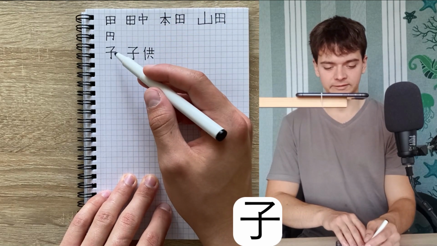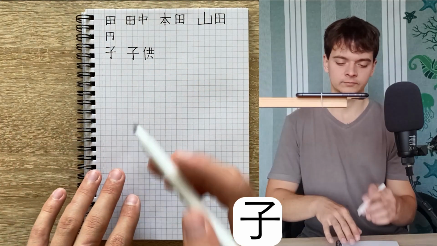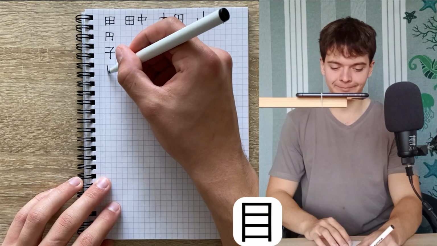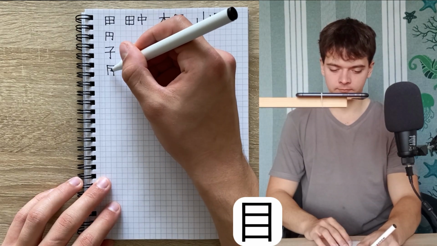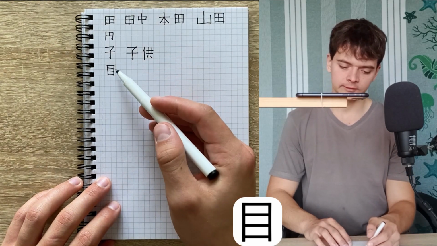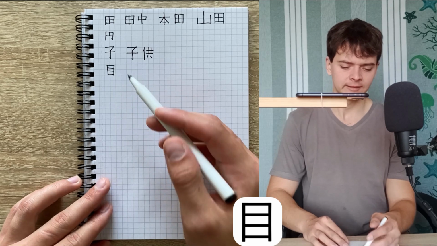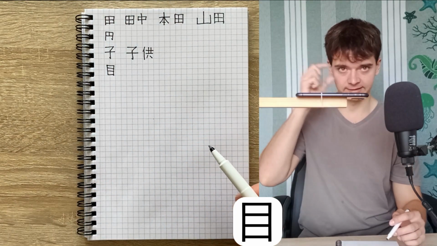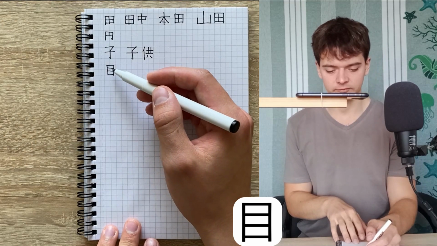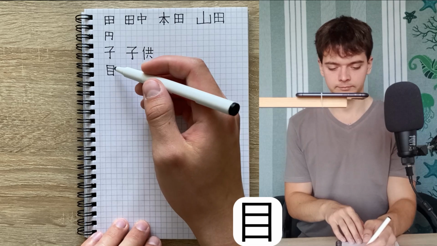We'll encounter this kanji later, and it will have the reading shi or ji, not ko. Me. Me are eyes. You can see that these outside parts of me are supposed to be the whites of the eye, and this is supposed to be the black part or the colored part. Me.